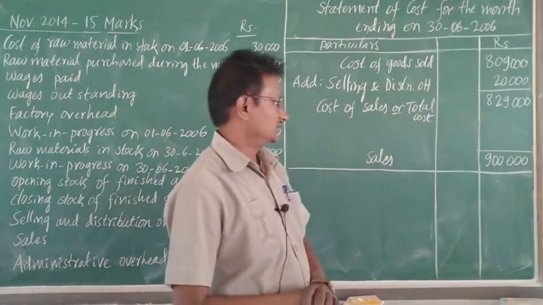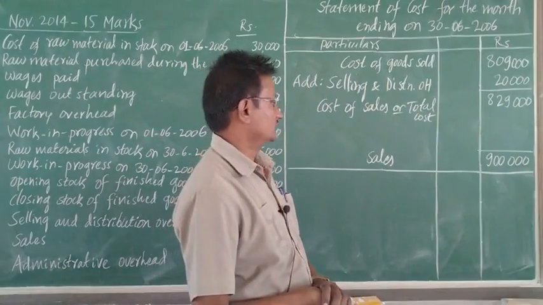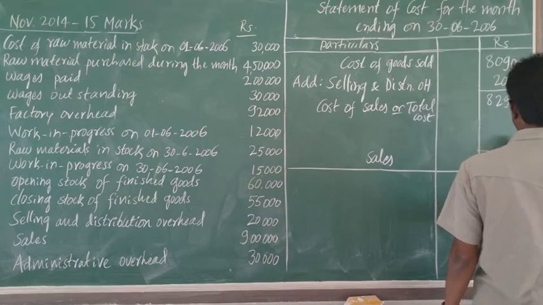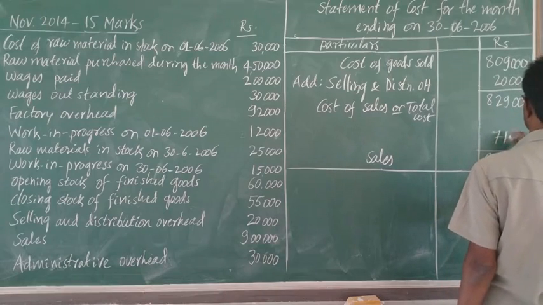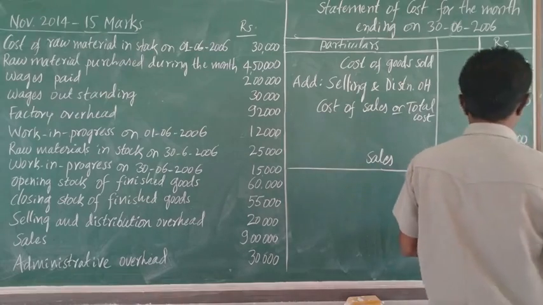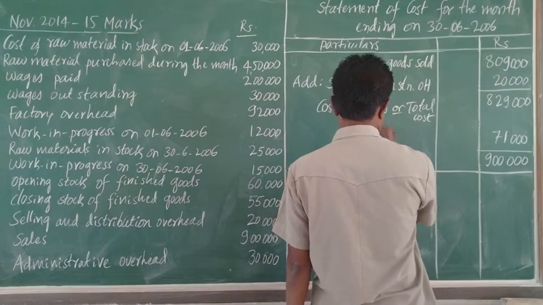From the 9 lakh, the total cost 8 lakh 29,000 is deducted. The remaining figure is 71,000. It is the profit.